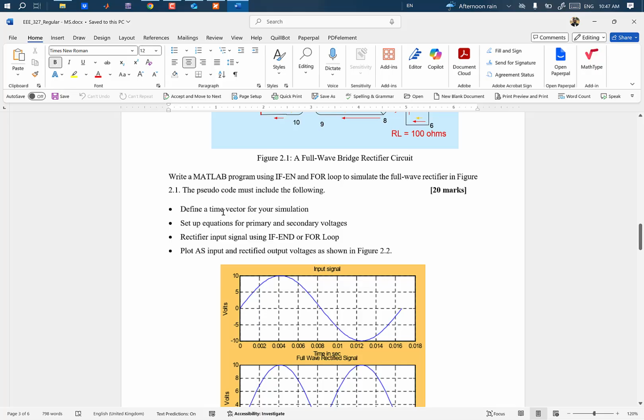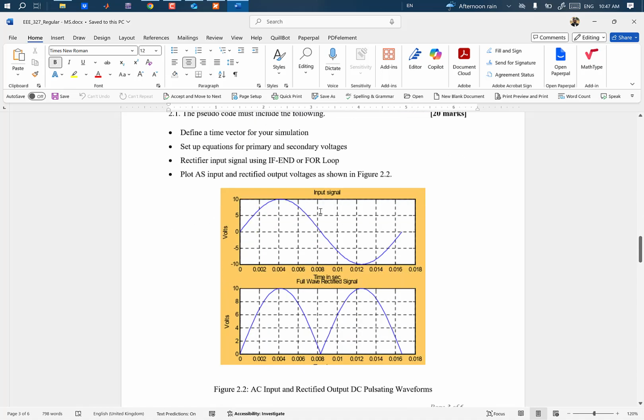Now the question is, write a MATLAB program using if, end, and for loop to simulate the full wave rectifier in figure 2.1. The code must include, first, defining a time vector for your simulation.